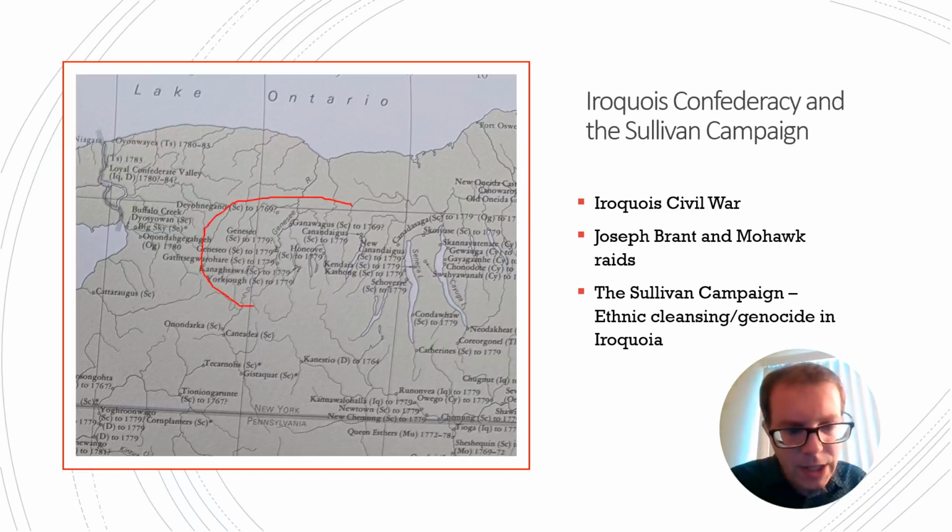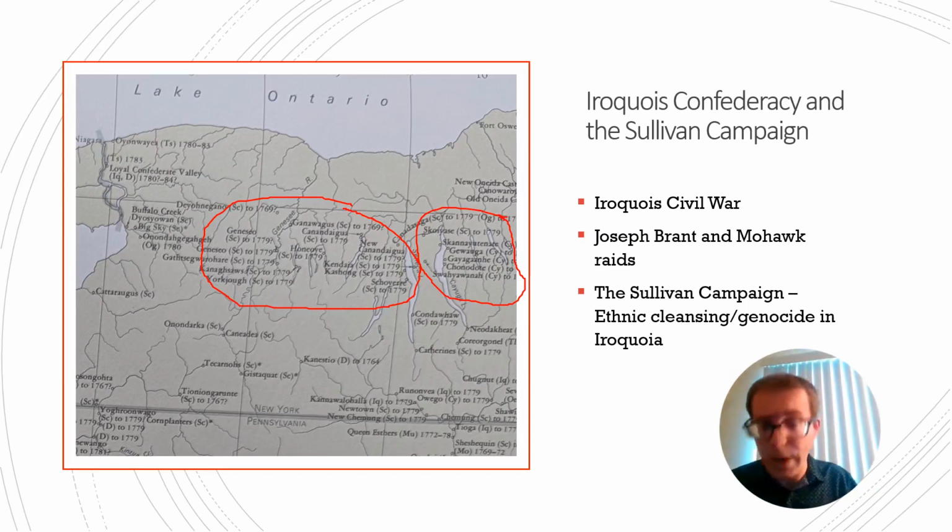And so you can see on this map the Seneca villages located in modern-day Western New York, and the Cayuga villages and Onondaga villages located in modern-day Central New York. And notice on this map how all these village names say 1779, because the villages are wiped off this map by John Sullivan and his army.